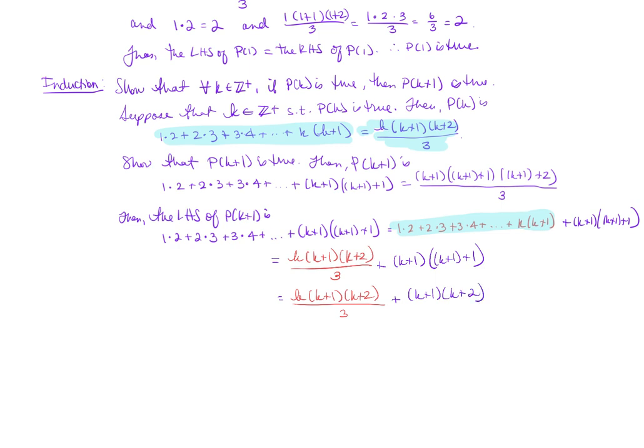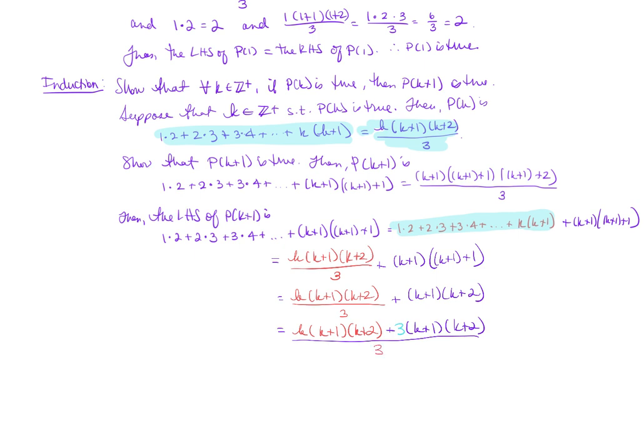And we know from previous experience that we're going to multiply the second half of our expression there by 3 over 3 so that we can put it all over the same denominator. So we end up with k times k plus 1 times k plus 2 plus, and this is where we multiply it by 3 over 3, we get 3 times k plus 1 times k plus 2, and now we are all over 3.